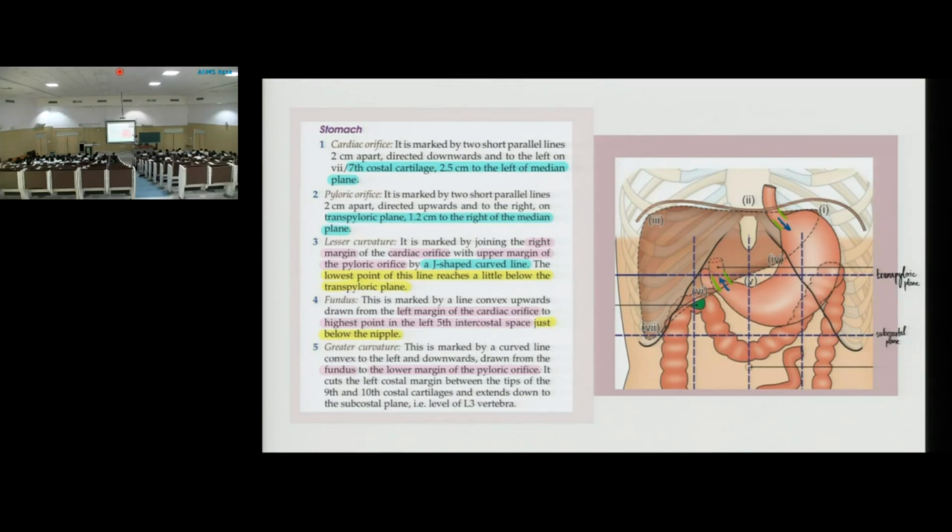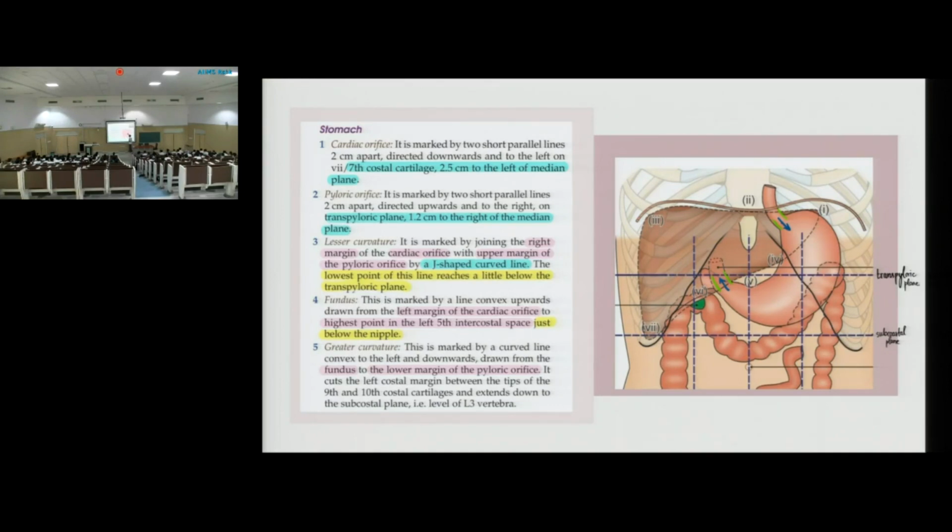Two orifices are done. Now if I take this point, the right margin of the cardiac orifice, and the upper part or left border of the pyloric orifice, and draw a J-shaped curved line, this forms the lesser curvature. Third point clear. What is the shape of the line?